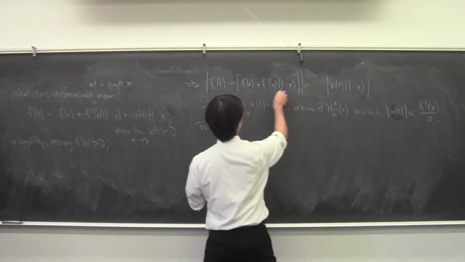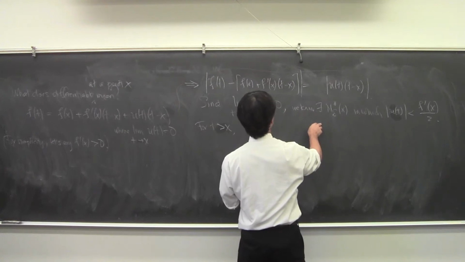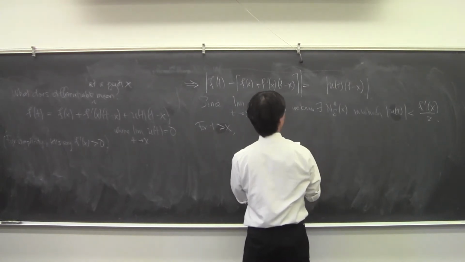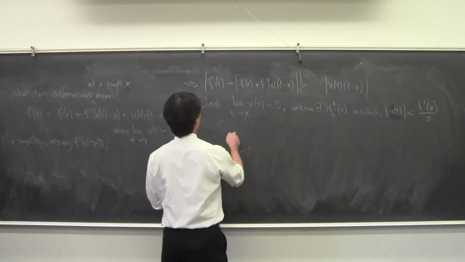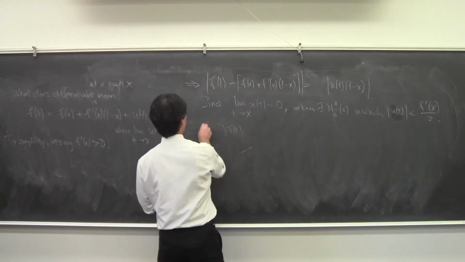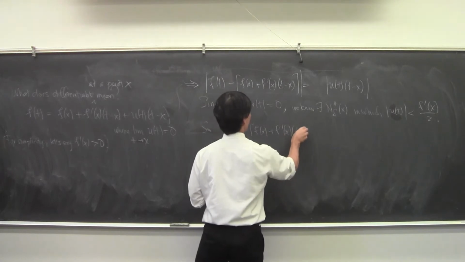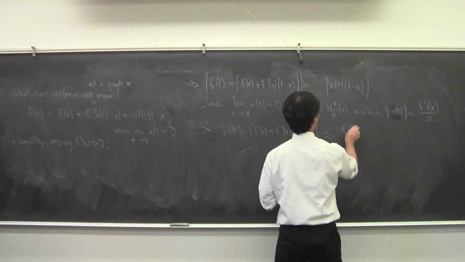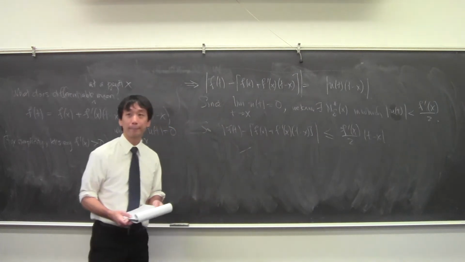Let me rewrite this thing. For t bigger than x, we know that, so we have this, that the absolute value of f of t minus f of x plus f prime x times t minus x is less than or equal to f prime x over 2 times the absolute value of t minus x, right?